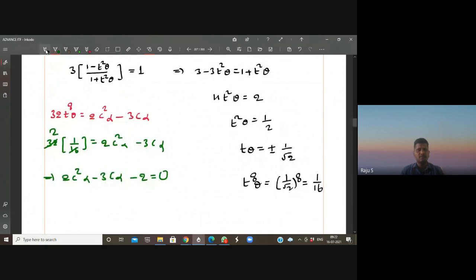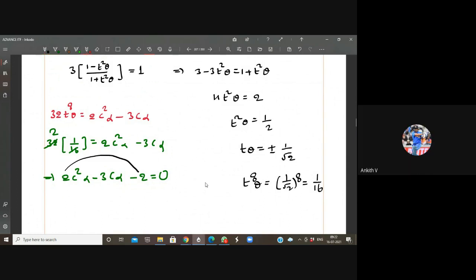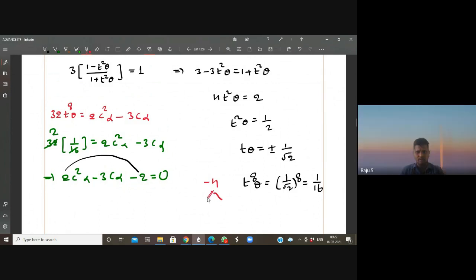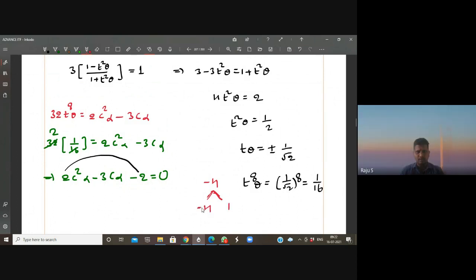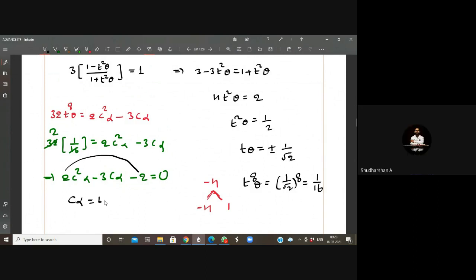Yes, students, it is a quadratic equation. What are the factors? 4 comma minus 1, minus 4, 1. Then what are the cos alpha values? One cos alpha value is minus 4 means plus 4 by 2, and the other is minus 1 by 2.